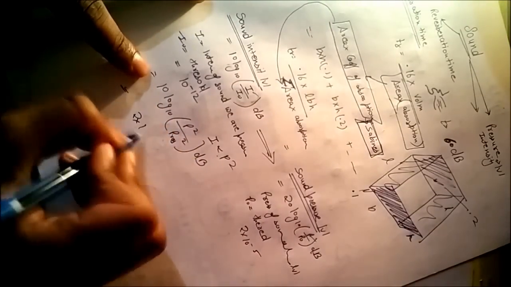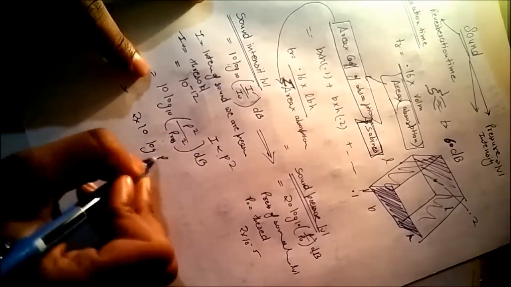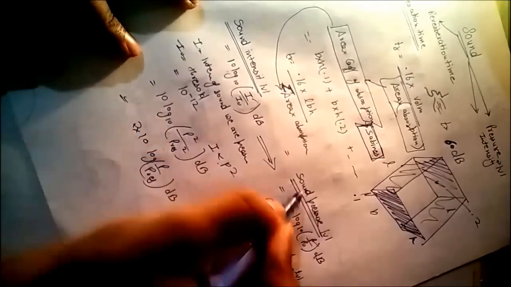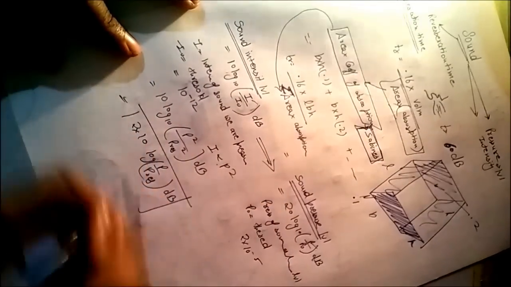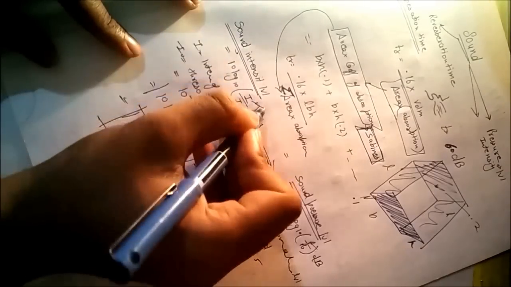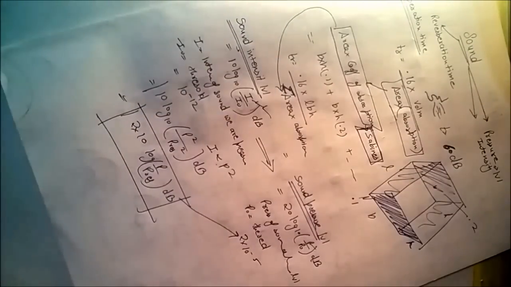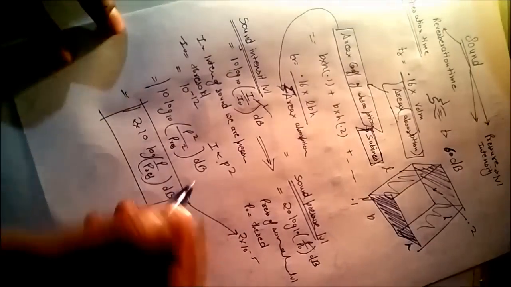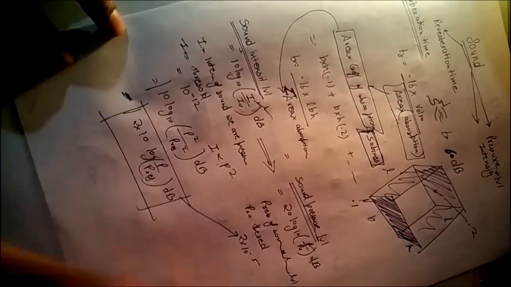As we know, the power in the log will come outside: 20 log 10 P upon P reference decibel. That is the formula of sound pressure level, and this is the formula of sound intensity level. Okay, this is all from the sound.